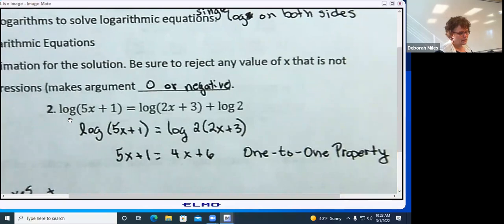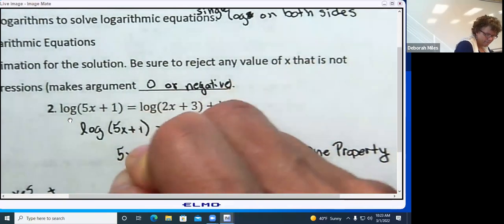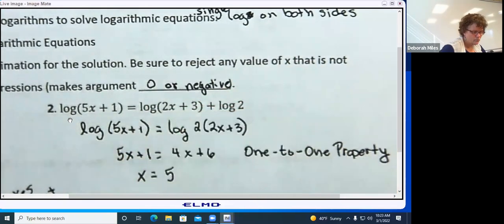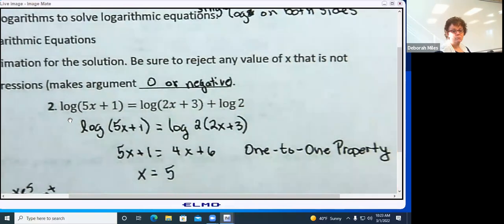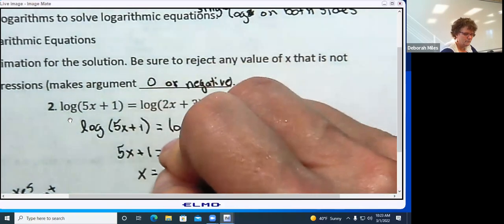And then I'm just solving a linear equation. Does that 5 make any of the arguments negative? No, so it's good.